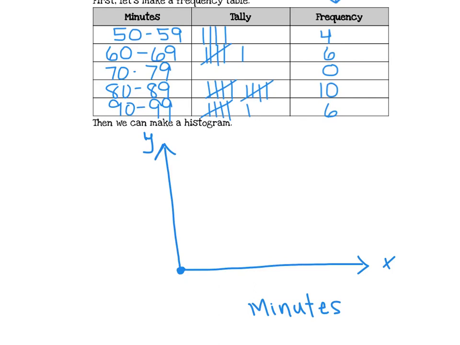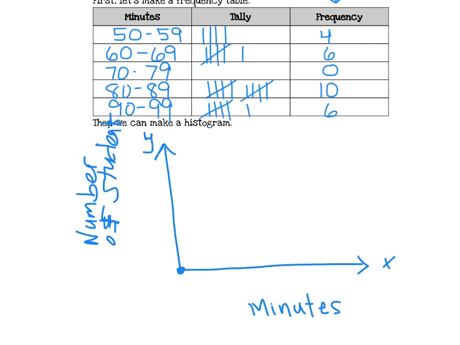So I'm going to put minutes down here, leaving space for your numbers right below the X axis. Then our Y axis is where we will put the frequency, and sometimes it will be labeled frequency. In this case, we could also label it as number of students. Either one is okay.